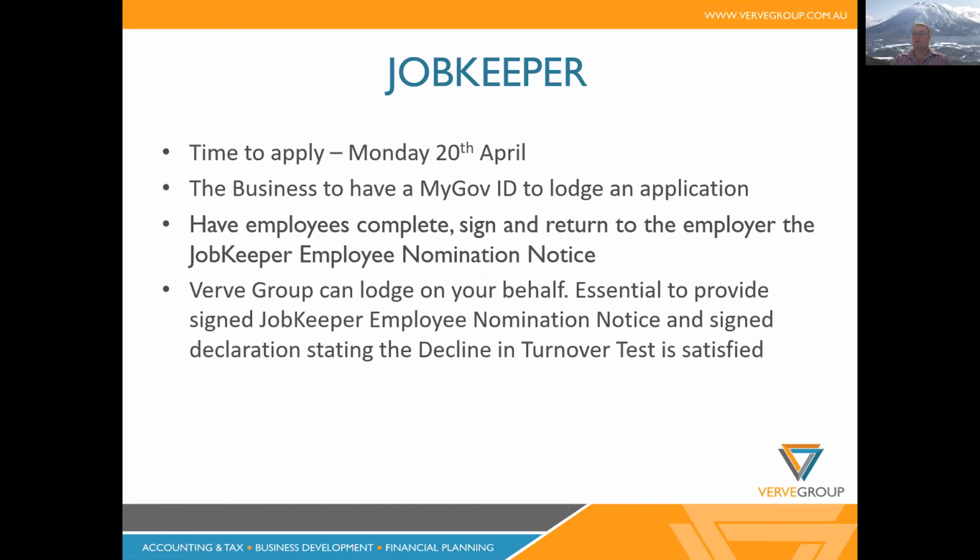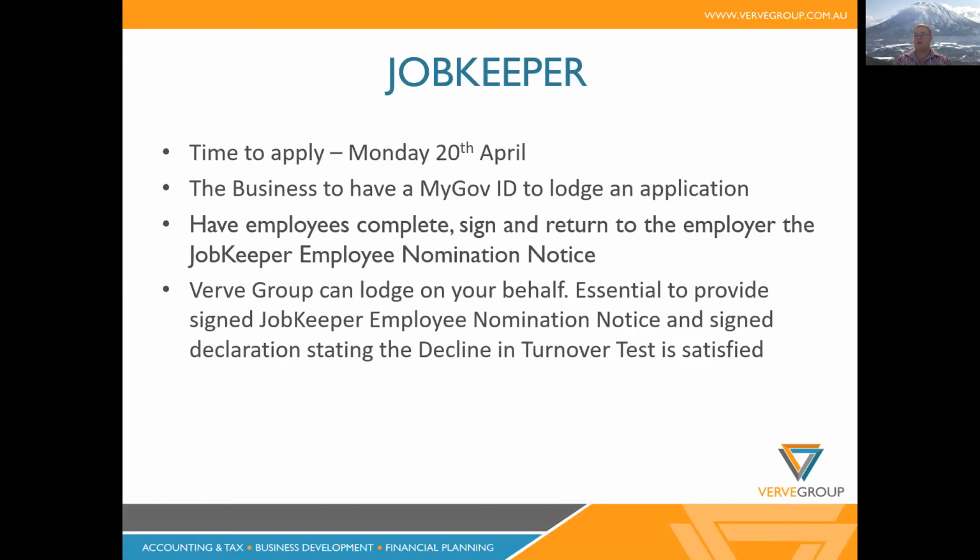The other thing I just wanted to mention is that Verve Group can do these applications for you on your behalf. If you would like to engage Verve Group, more than happy to help. But what we will need is those JobKeeper employee nomination forms for all of your employees, completed and signed.